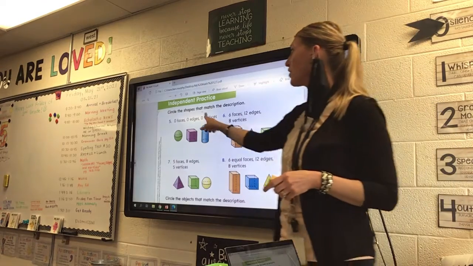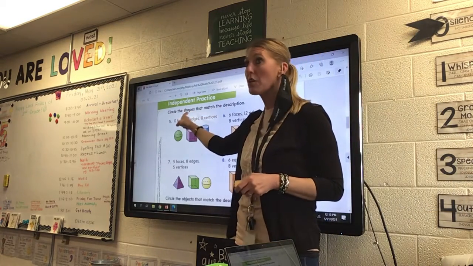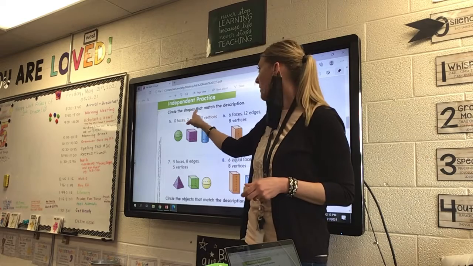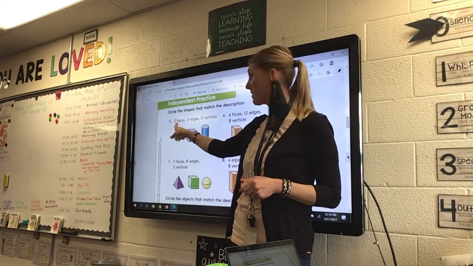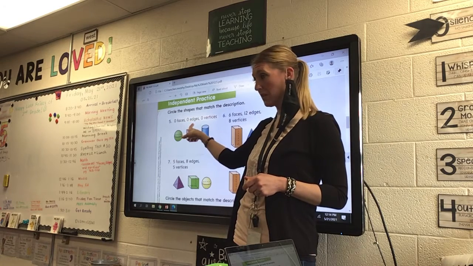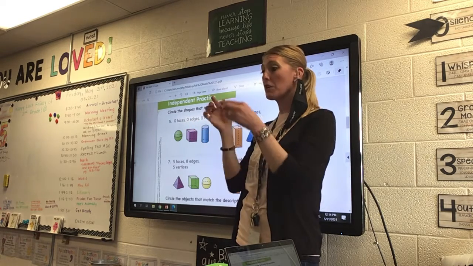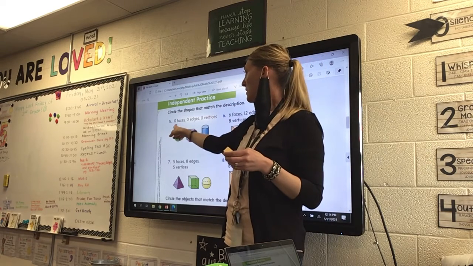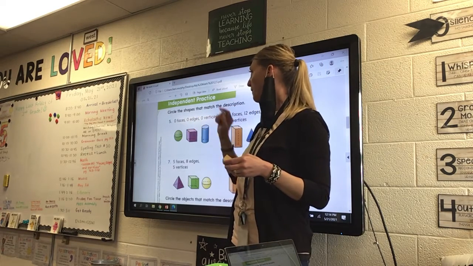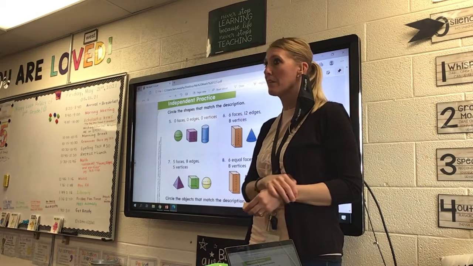Up at the top, you're going to circle the shapes. There might be more than one shape that matches the description. So you're going to have to read how many faces, how many edges, and how many vertices. Remember, the vertices are the corners. So 0 faces, 0 edges, 0 vertices. This one should be easy.